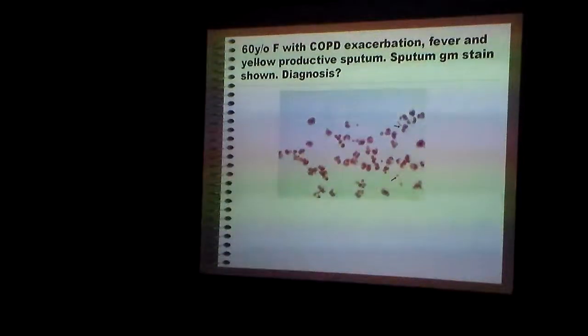60-year-old female with COPD exacerbation, fever, and yellow productive sputum. Sputum gram stain looks like gram negative cocci. And there are 2 arrows there to help you out. In the exam, you won't have those arrows. What does it look like?